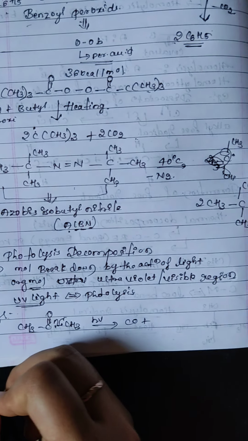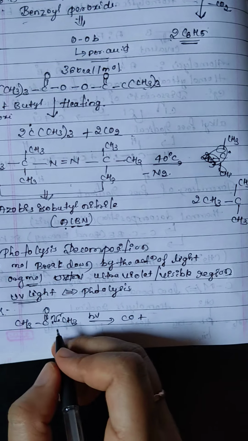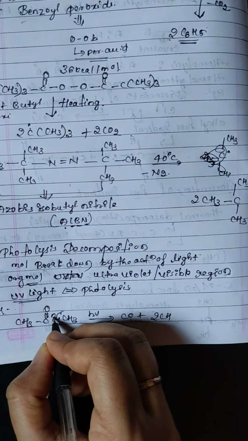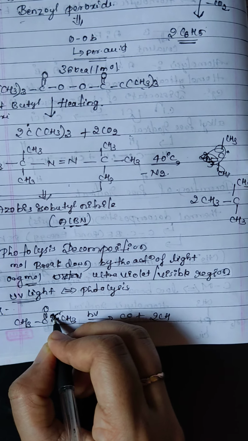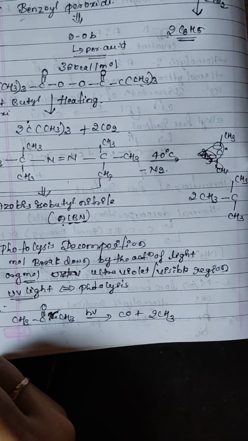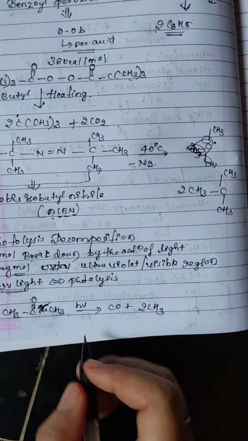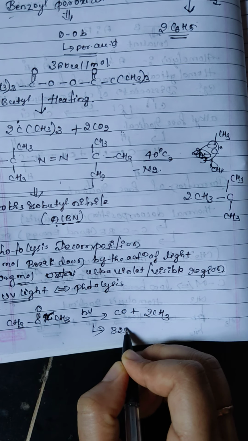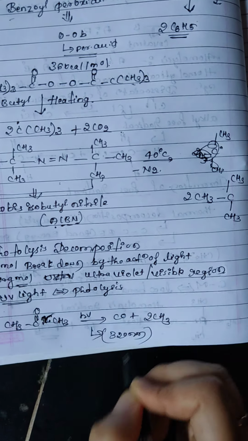CO plus how many? 2 CH3. That bond will be removed, from that side to that side, 2 CH3. And the wavelength range given is how much? 320 nanometer.